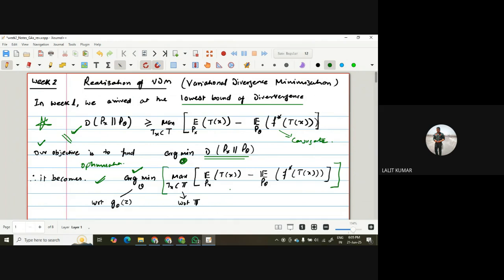It has come from here. And the lower bound is again an optimization problem, where we have to maximize. This is a function T(x), and this is the conjugate of T(x). So we have to maximize this.